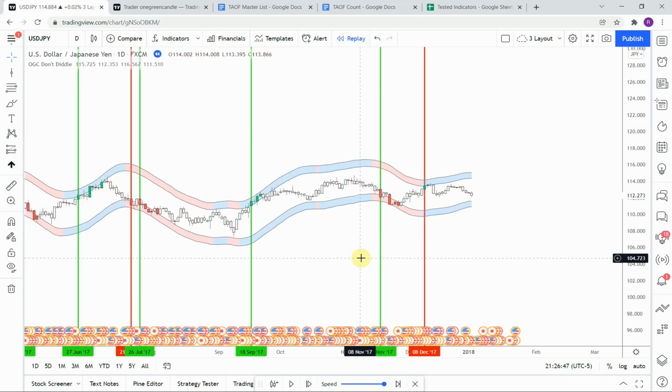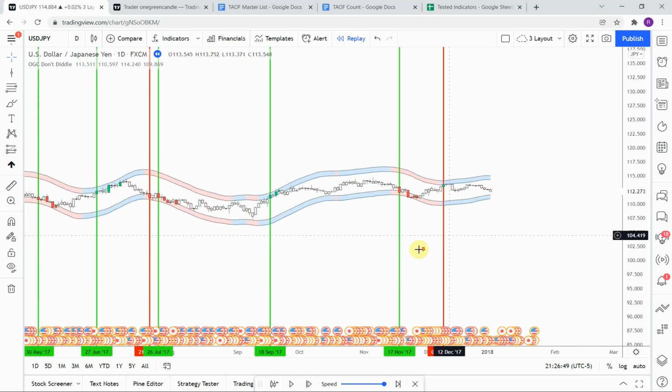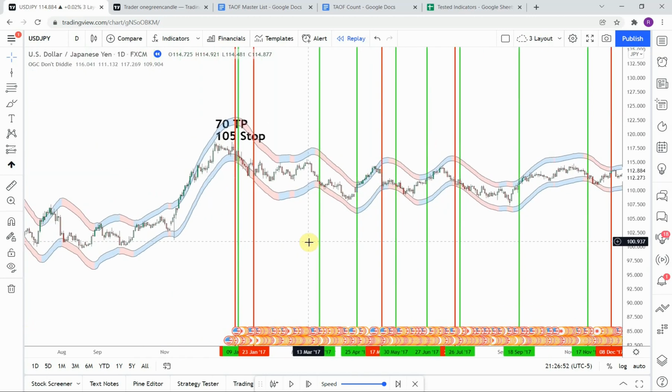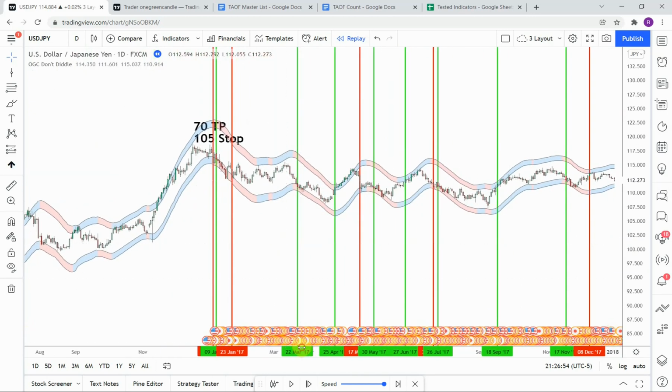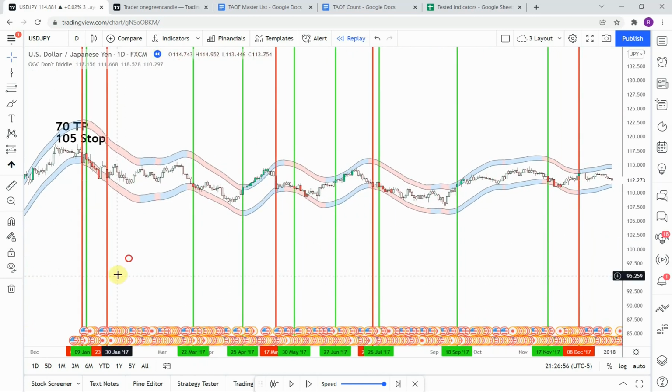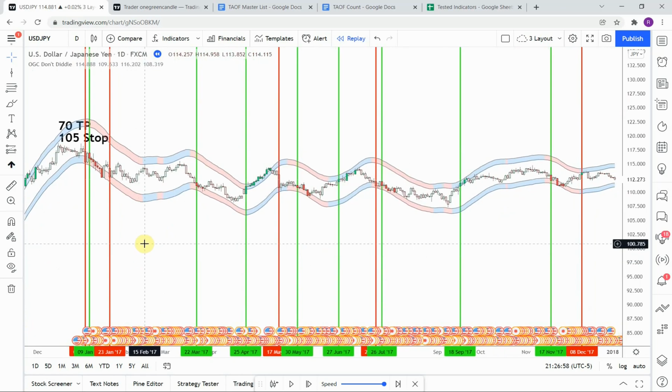All right, so let's go ahead and take a look at our indicator here. Get everything in focus. We will count this out, see what we get out of this. All right, so we have 1, 2, 3, 4, 5, 6, 7, 8, 9, 10, 11, 12, and 13.